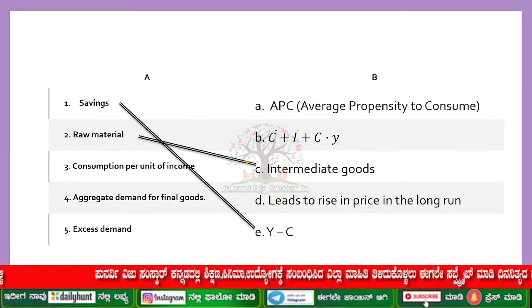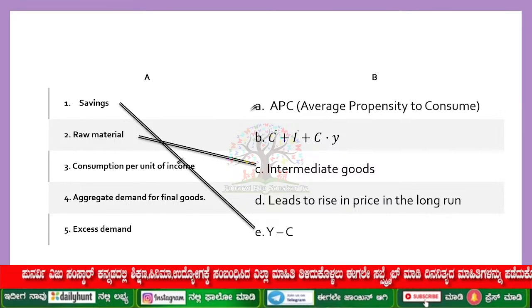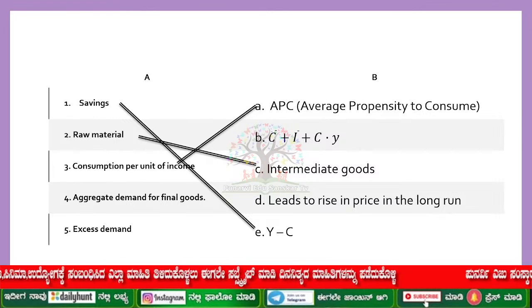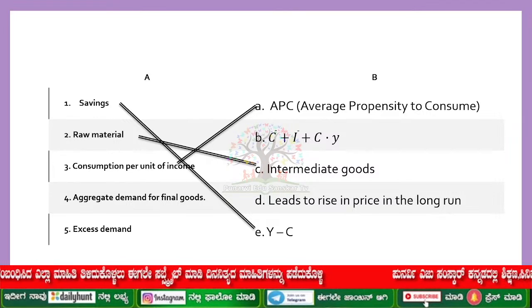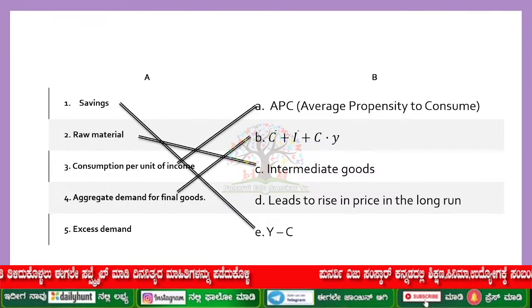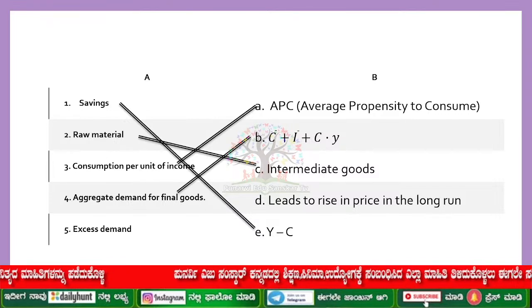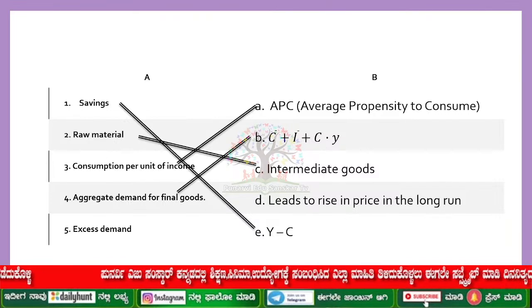Consumption per unit of income, average propensity to consume. Aggregate demand for final goods is denoted by C bar plus I bar plus CY. Excess demand: when demand is more, we know it leads to a rise in the price in the long run.